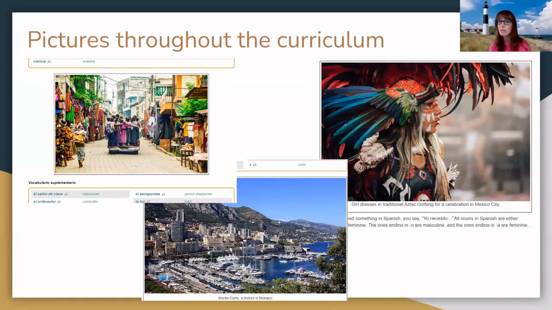You can pause in the middle of your lesson and say, all right, let's look at this. What do you notice? What are the colors that you see? Why do you think they're doing this? Would you want to go here? Would you want to do this? So many great things that you can do. And these are just random things that were put in there to make the text richer for you, to draw more interest among your students.